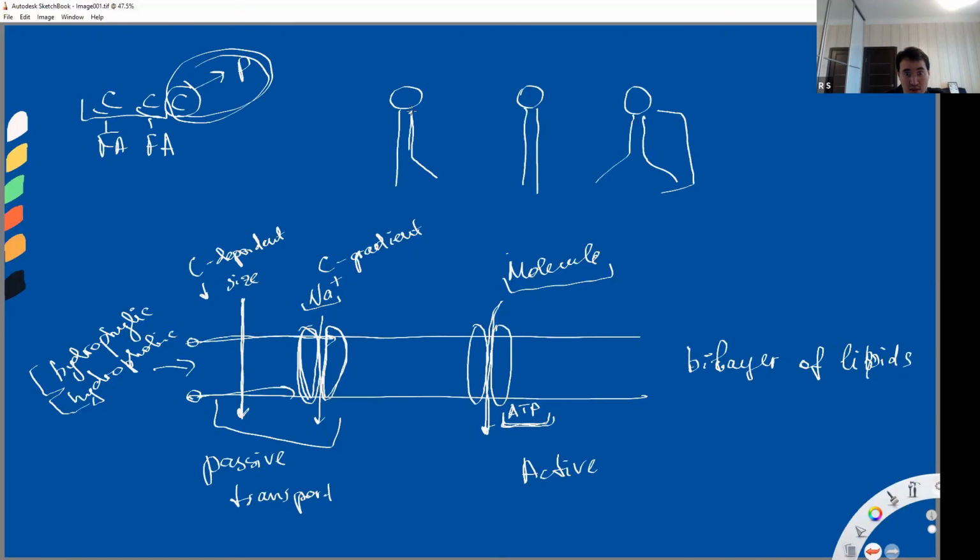This kink here means we have a double bond between these two carbons. That's why we have the change of direction of the chain of carbons. It just means that this articulation shows we have one fatty acid that is unsaturated.